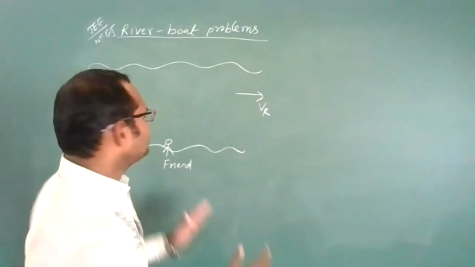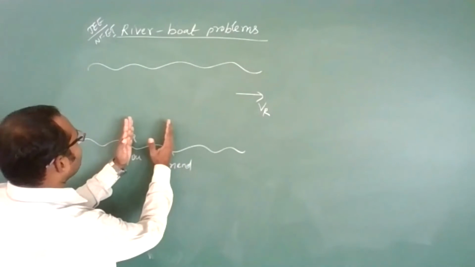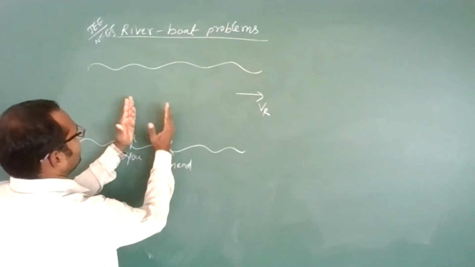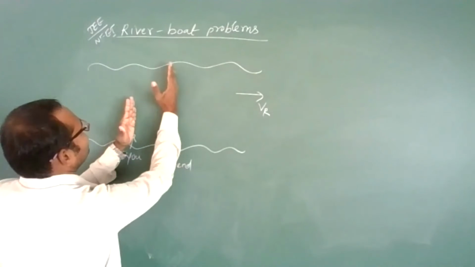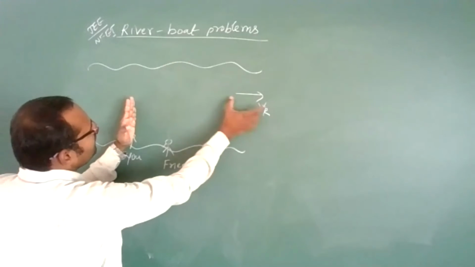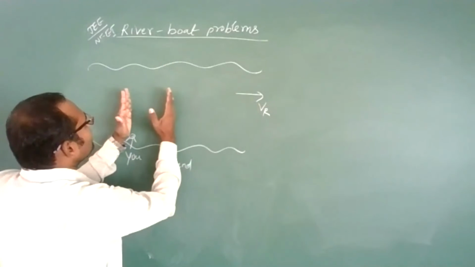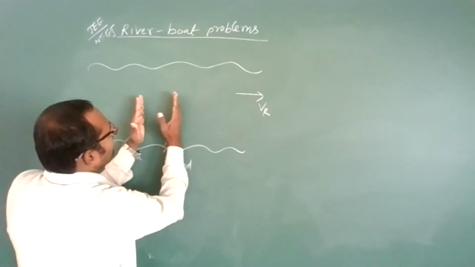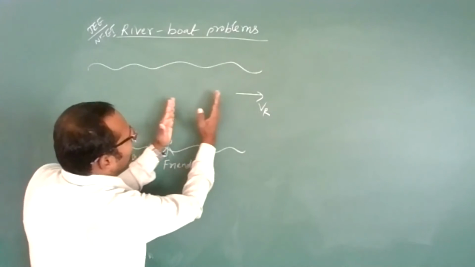Now, as both of them want to swim like this, for him, this person appears to be moving straight, because even though river flow is there, the river flow effect will be the same on both of them.